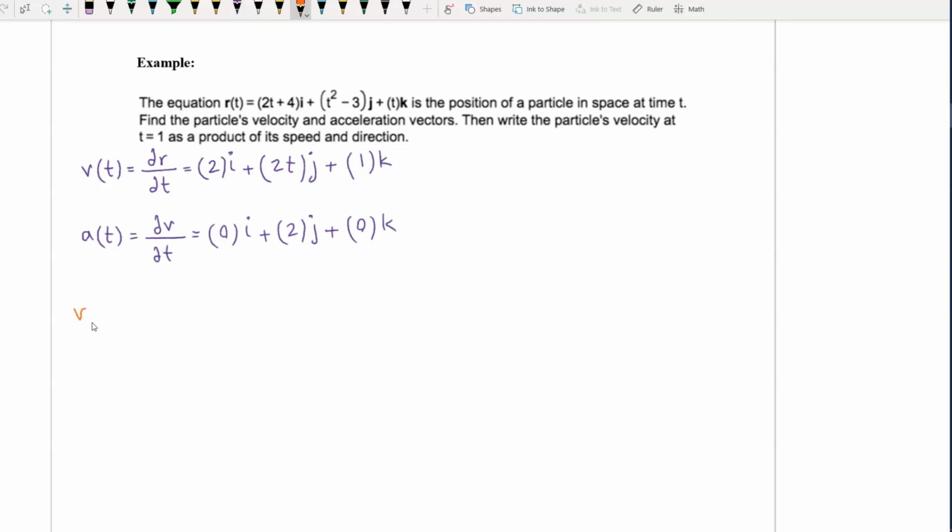Now finding v where t is equal to 1, that is equal to 2i plus, here we have 2 times 1, t is 1, so this is equal to 2i plus 2j plus k.